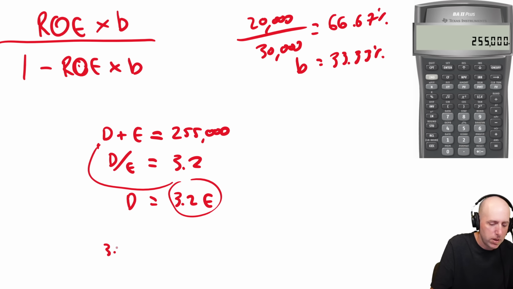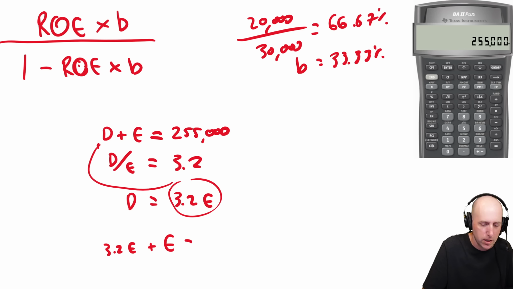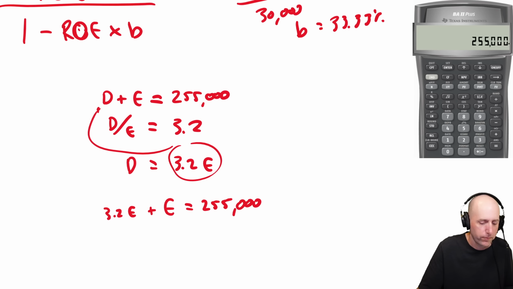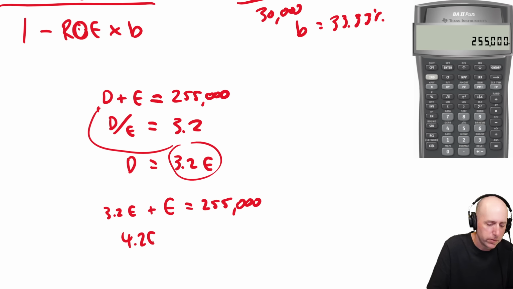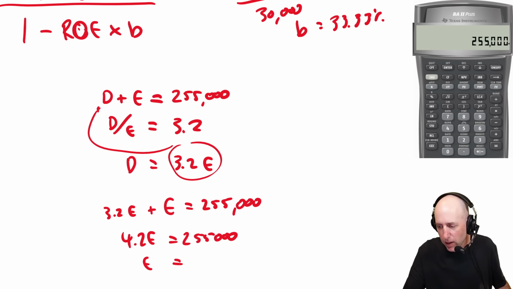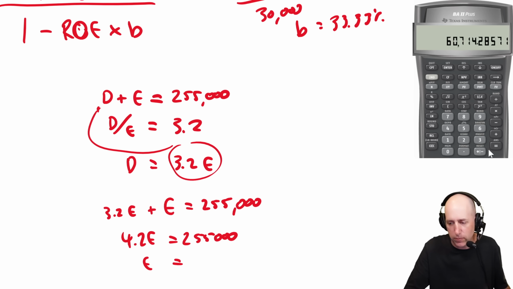If debt equals 3.2 equity, I can just plug it into the formula. 3.2E plus E equals 255. So 3.2E plus 1E is 4.2E equals 255. Equity equals 255 divided by 4.2. Our equity equals 60714.